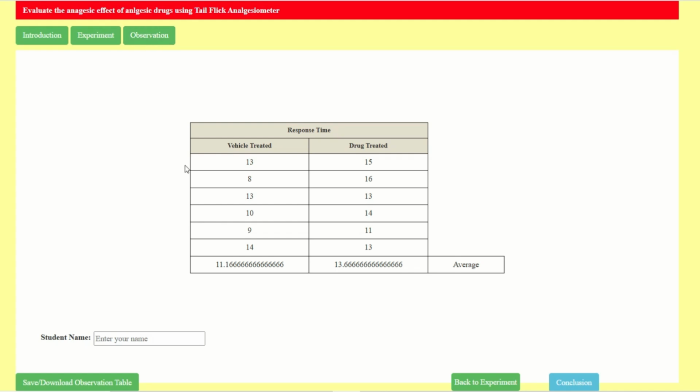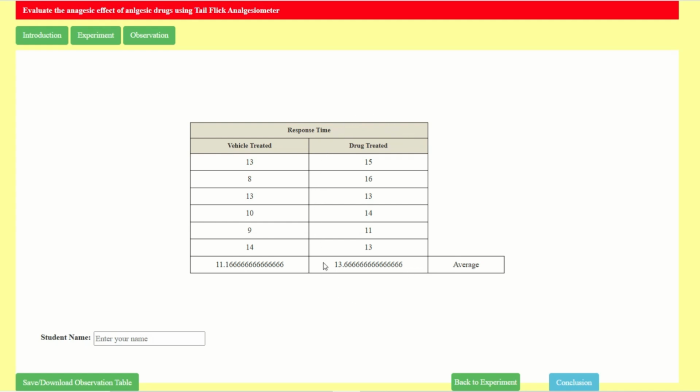Here you can see the response time. Here the average is around 11 seconds, and here it is increased by 2.5 seconds more than the vehicle treated group. So the response time increases after the animal is treated with morphine.